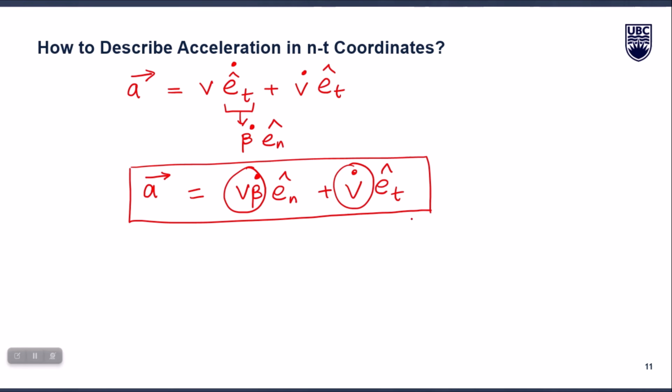So I can call this quantity the magnitude of the t component of acceleration, and this quantity the magnitude of the n component of acceleration. It is similar to what I write, for example, x double dot times i plus y double dot times j, right? So I have written acceleration as a sum of two components, one along one of the axes, one along the other axis, right?